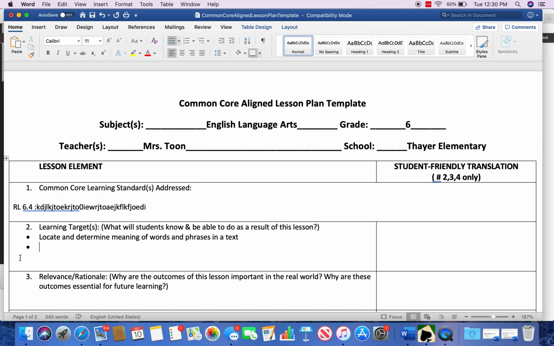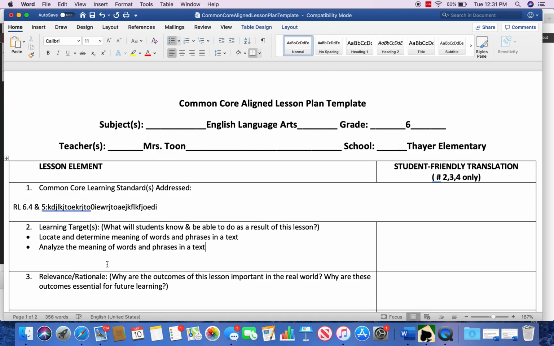Students will also be able to, maybe I'm going to cover standards 4 and 5. So not only will they locate and determine the meanings of those words, but they will also analyze the meaning of words and phrases in a text.